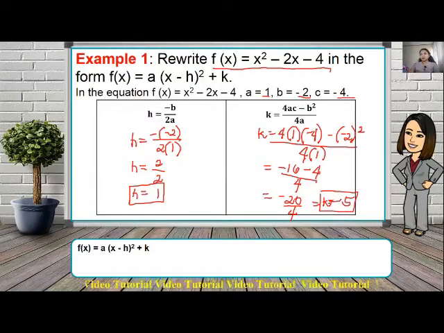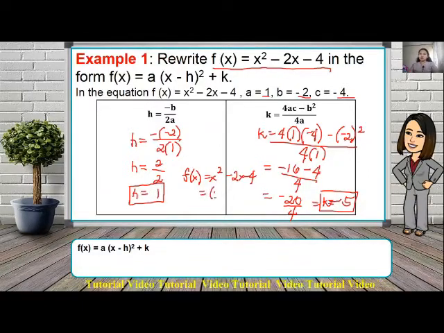K equals negative 5. So for the shortcut, you can still find k using h, using our original quadratic function. So let's say we have f of x equals x squared minus 2x minus 4. Use the value of h as x.